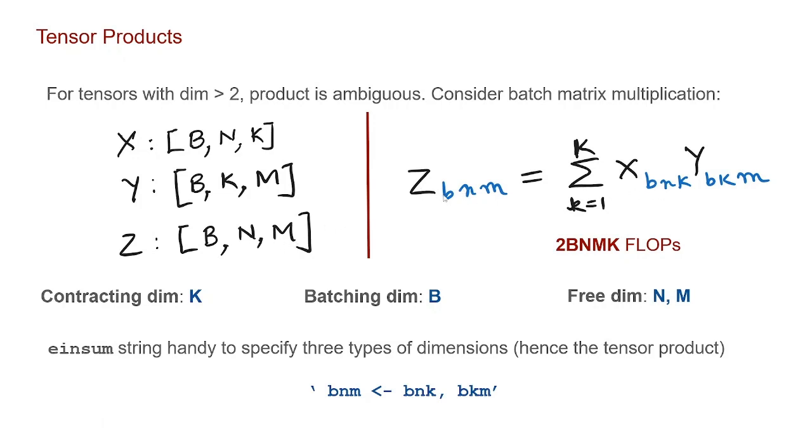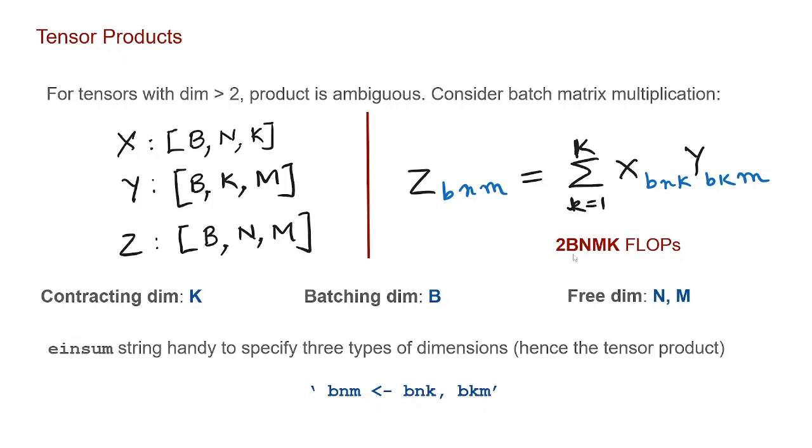Each element of the output, indicated by the indices small b, small n, small m, is given by this relation. We take x of b, n, k and y of b, k, m, and sum it up over all the k indices.